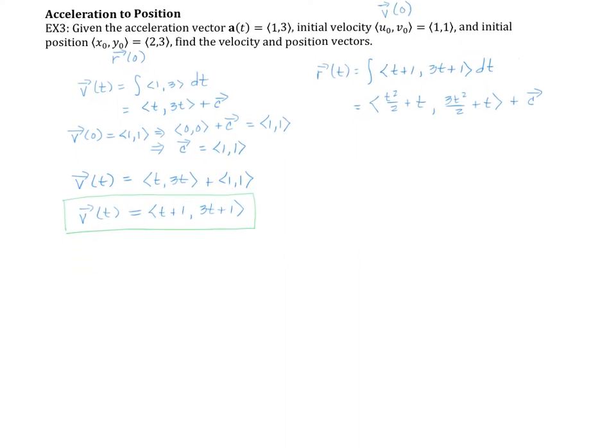Our initial condition is that r of 0 is equal to the vector ⟨2, 3⟩. So if I substitute in 0 for t, that will give me my constant vector equal to the vector ⟨2, 3⟩.